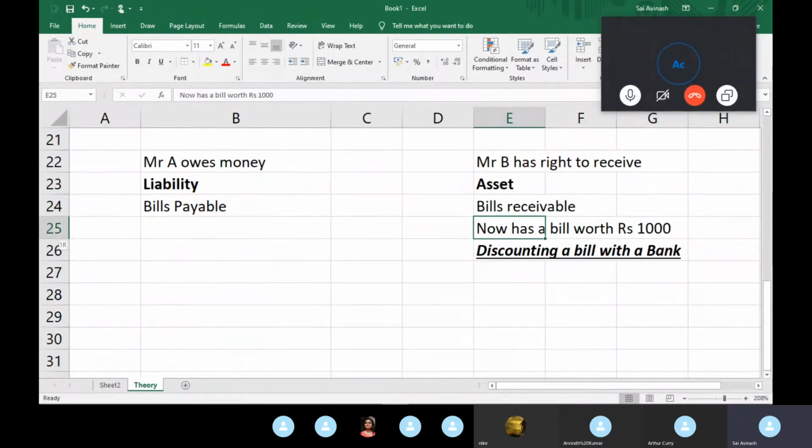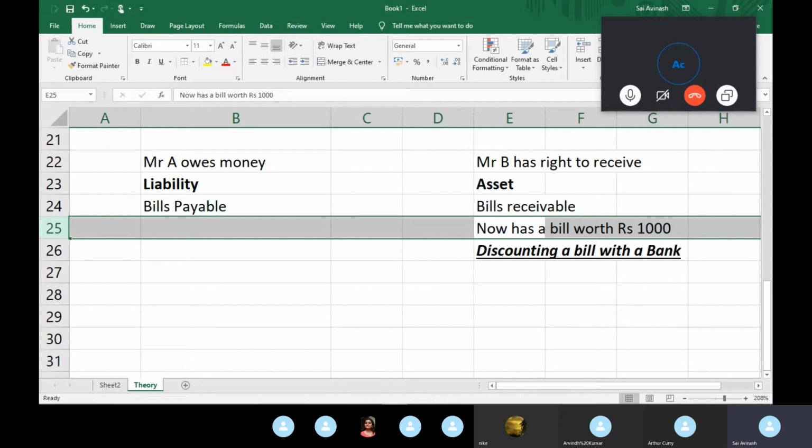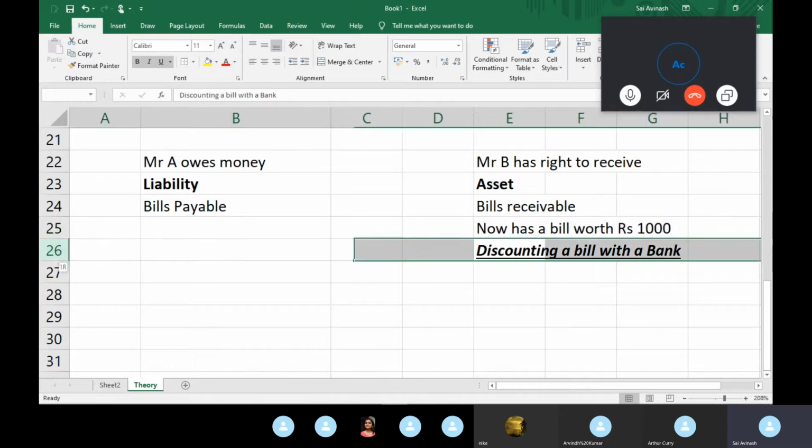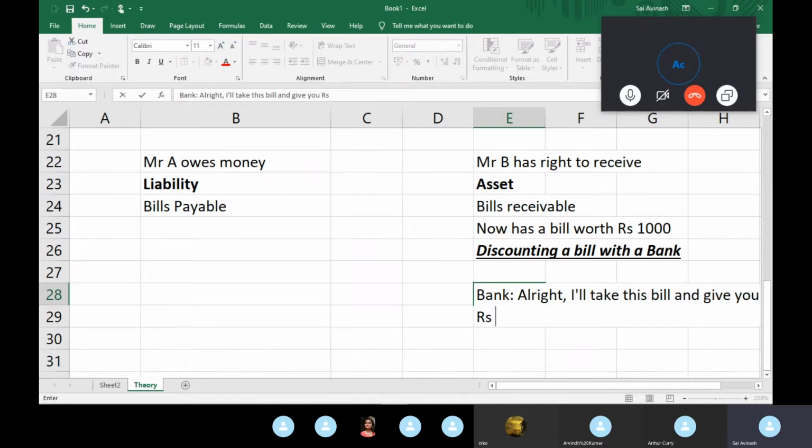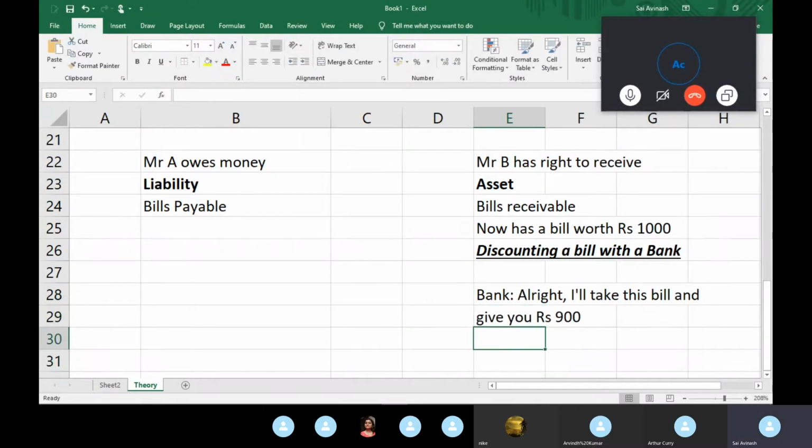So he has a bill worth 1,000 rupees, and he'll go and give this bill to his banker, and the bank will say, all right, I'll take this bill and give you rupees 900.